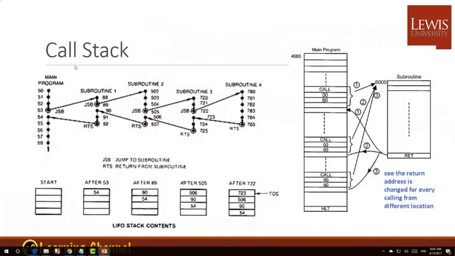Call stack. We talked about this previously, the control flow for the call stack, probably in chapter 4 or chapter 3. Okay. So for a function, you will have a call stack. We have a main program.